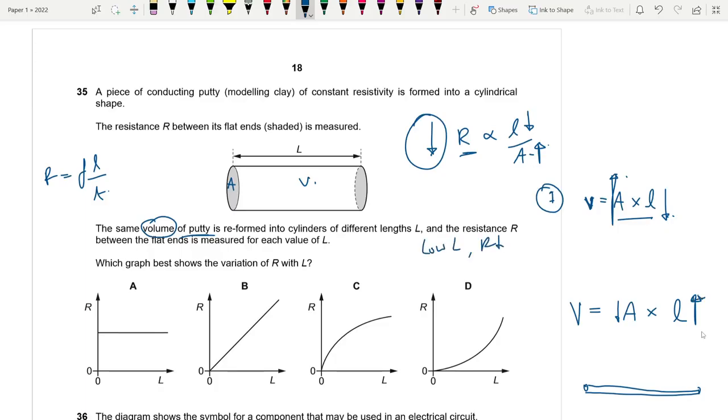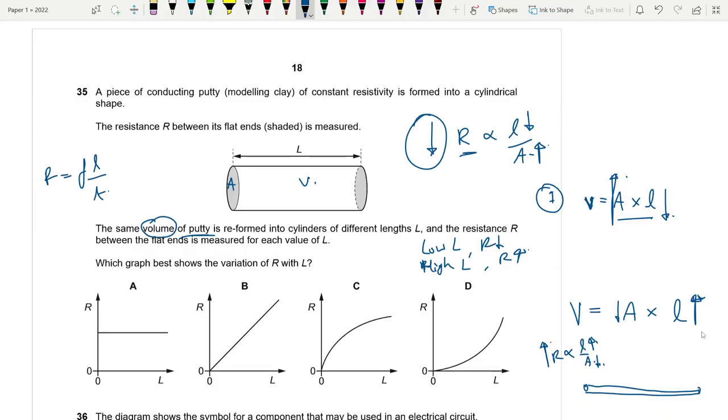Next, for high length, R is proportional to L by A. L should be high and A should be low. So the numerator increases and the denominator decreases. So R increases by a lot. It should be very high.